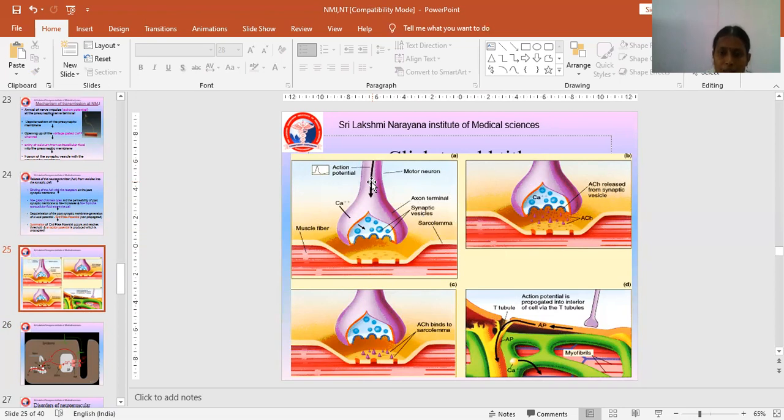How does that happen? The receptors receive the impulses and send them to the brain. From the brain, the impulses go to the muscle fiber through the motor neuron.